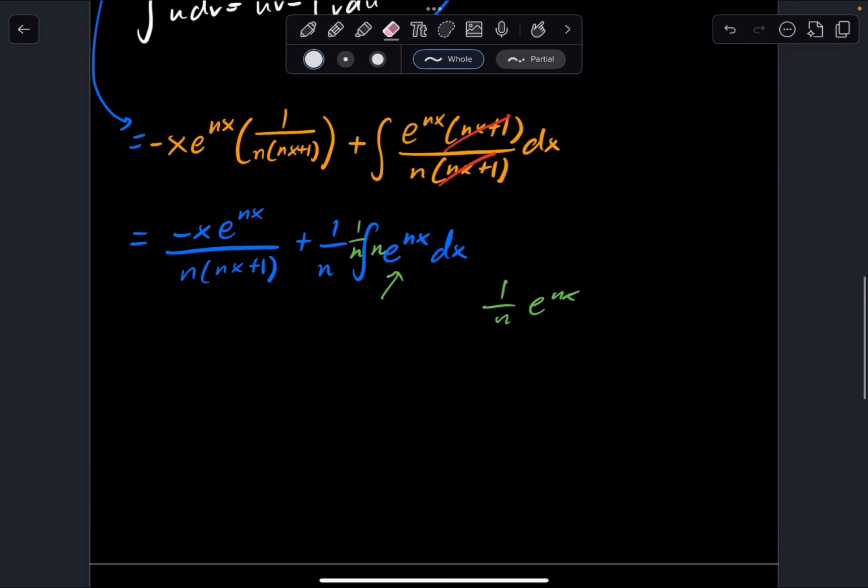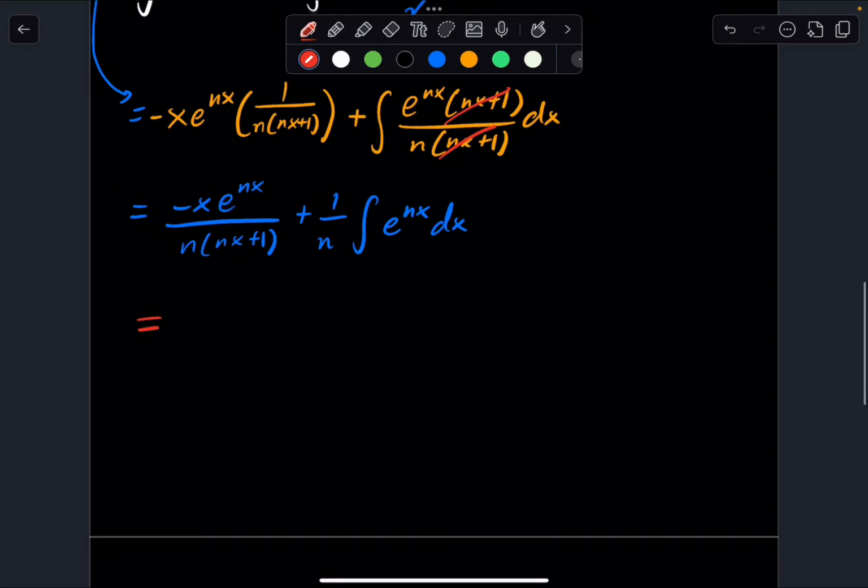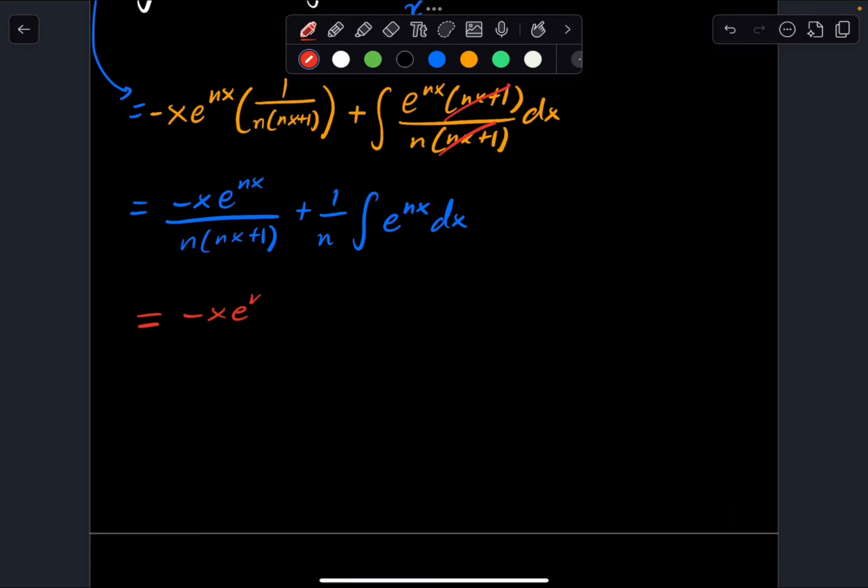Because we replace it with u, and then once we integrate, that's what we get. So let me undo this. That means, ladies and gentlemen, we have negative x e to the nx over n times nx plus 1 over n squared e to the nx plus c.